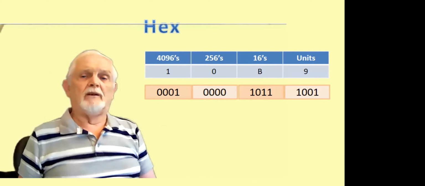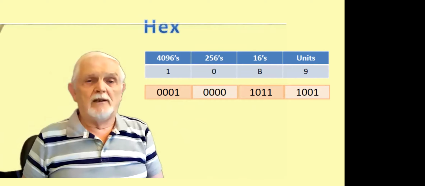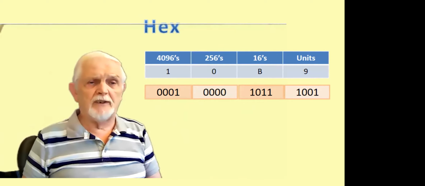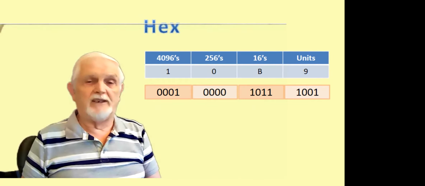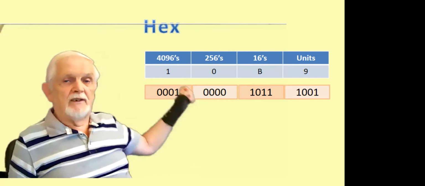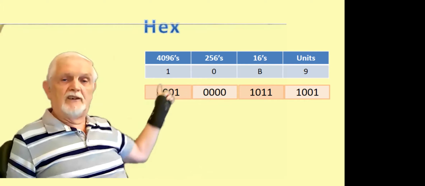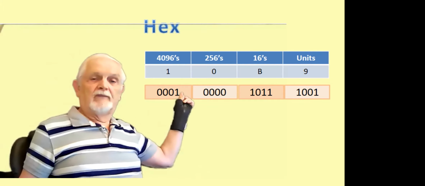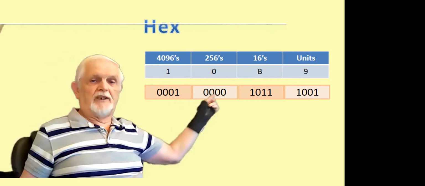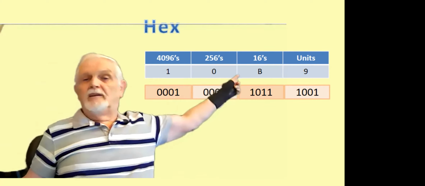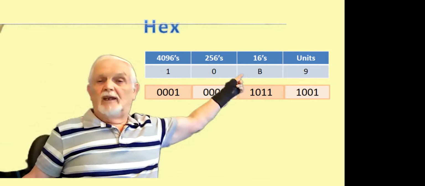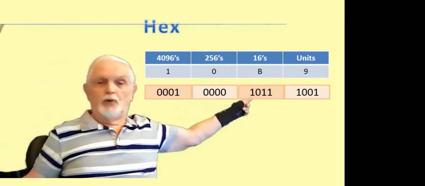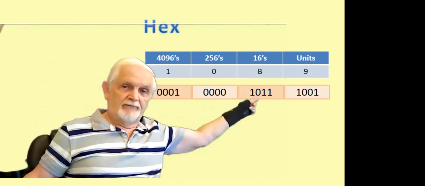If you get a number like 10B9, you can always very easily convert it back to binary. Because the number 1 on its own is 3 zeros and a 1, isn't it? There's no 256s, it'd be all zeros. B is an 8 and a 2 and a 1, to get your 11.